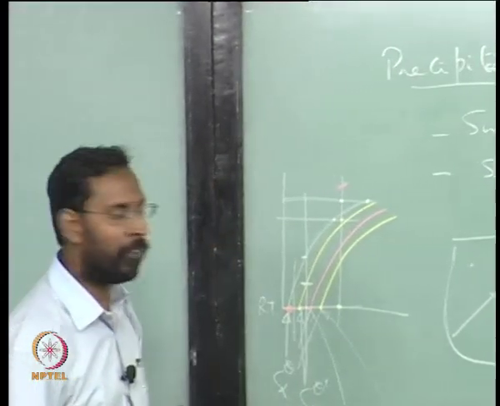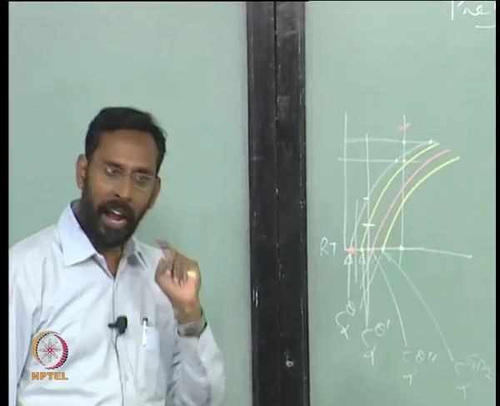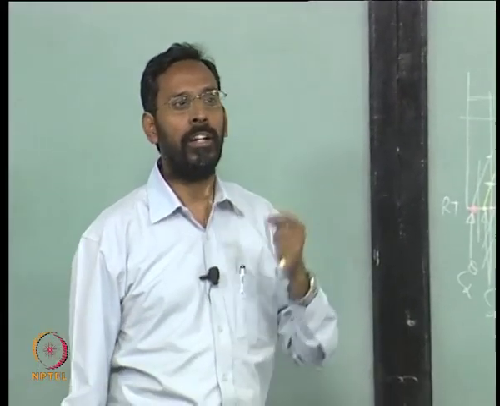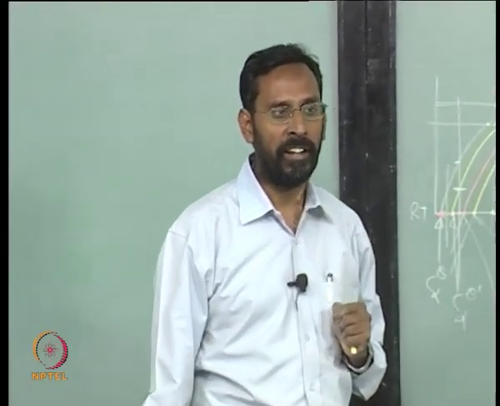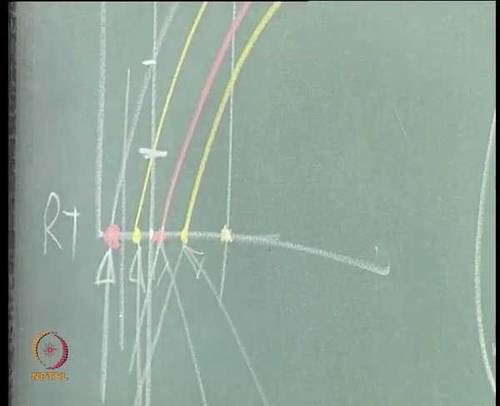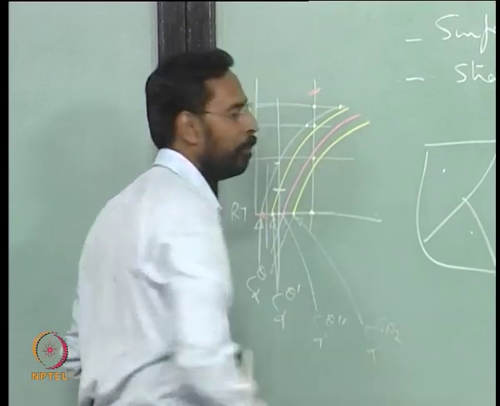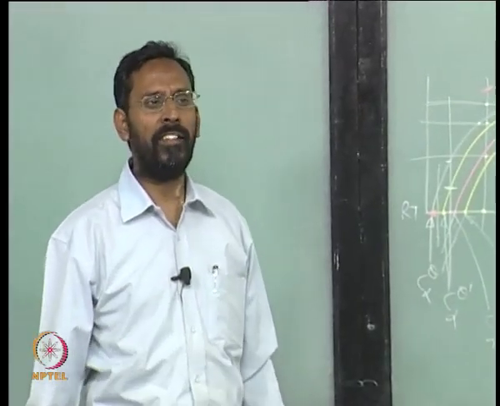What is important for us is to understand that it depends on the alloy composition and also on the temperature at which I am doing the age hardening. Now I am talking of this alloy age hardening being done at room temperature. Now if I increase the age hardening temperature to somewhere here, let us say, why do I increase the age hardening temperature?